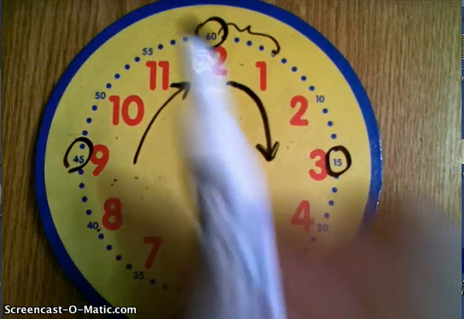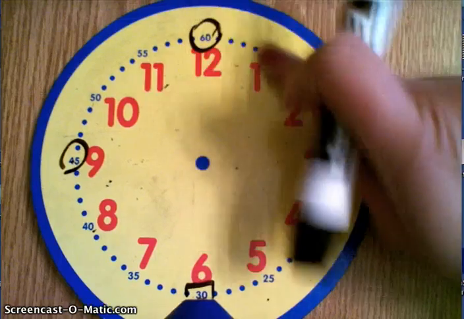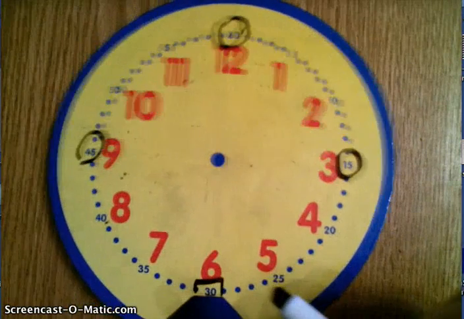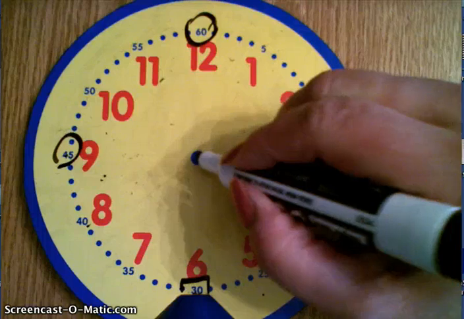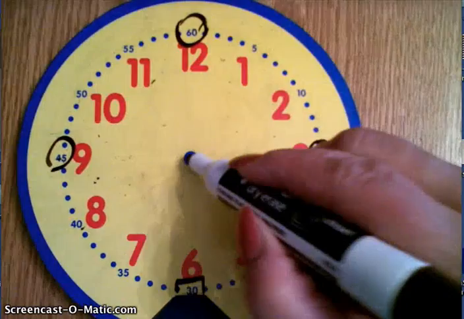For every time that's on the clock, we can read it using the hours and minutes. So here's one more example. Here's my hour hand, and here's my minute hand.